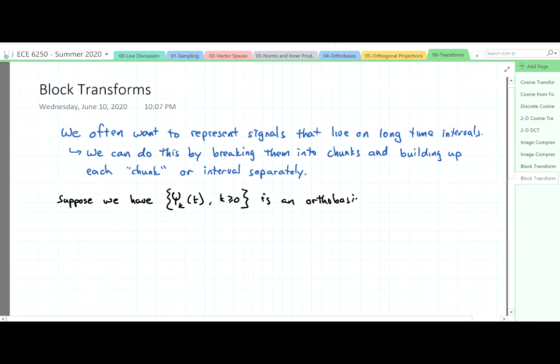It could be just a basis, but hey, we've gotten so addicted to the wonderful properties of ortho bases that if we don't have one, we would do what we can to make sure we do.